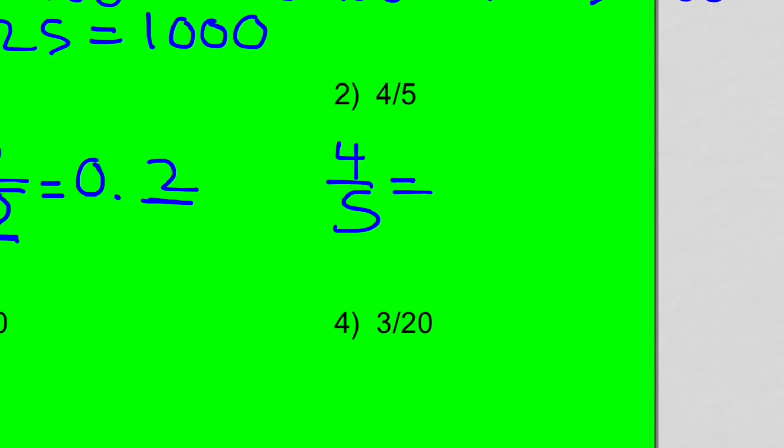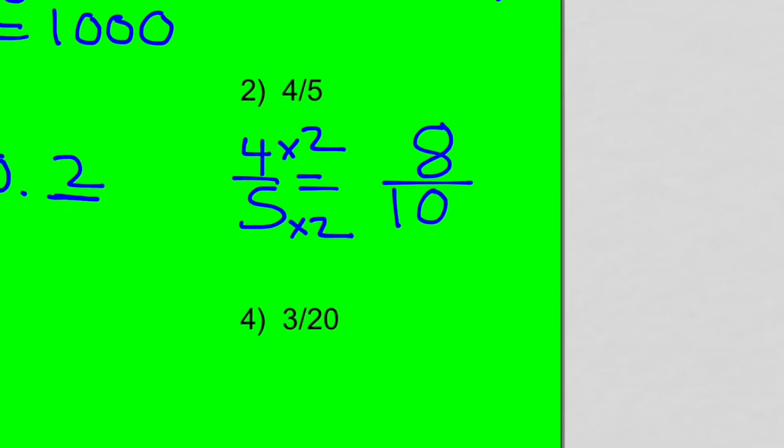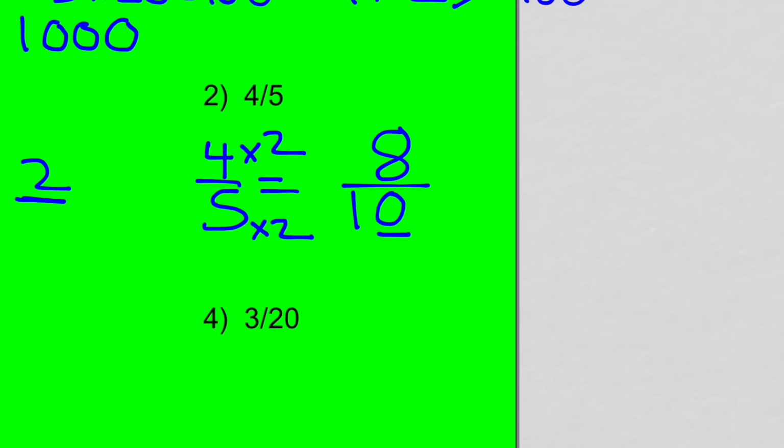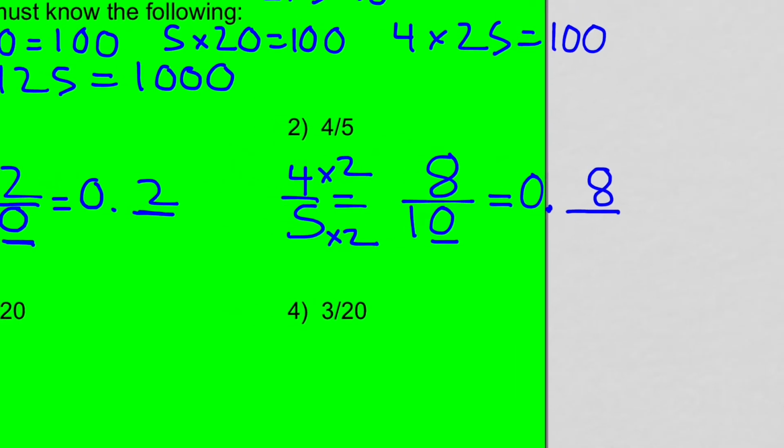I can make that into a fraction out of 10 by timesing by 2, and times by 2. And we get 8/10. Making that a decimal, it has 1 decimal spot because there's 1 zero on 10. In that decimal spot, we put an 8, and that's 0 and 8/10.